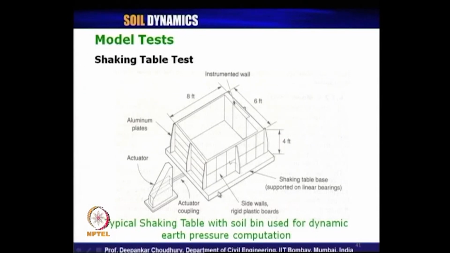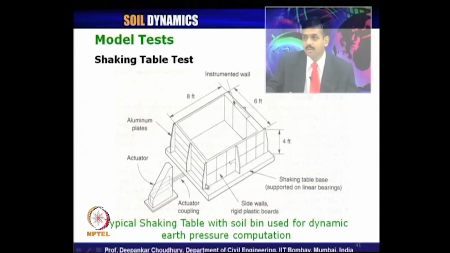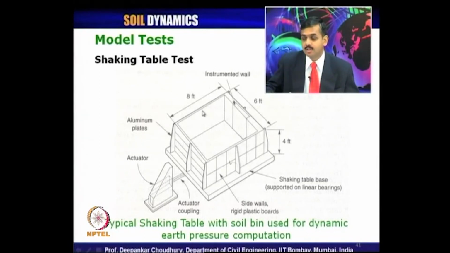It is nothing but, as the name suggests, a table, and on top of it you have a peripheral boundary, instrumented wall, or whatever test you are going to do. Depending on that, you create this boundary at different distances. Suppose this picture is showing a dynamic earth pressure computation test.